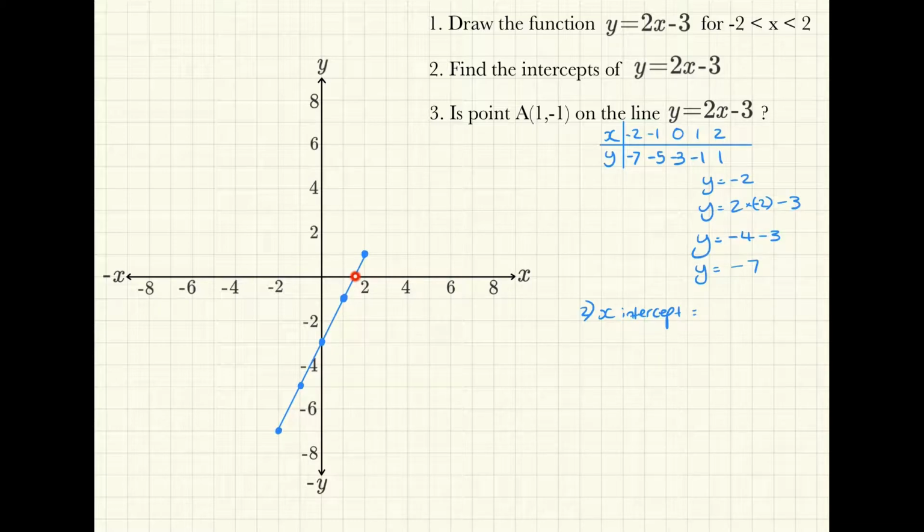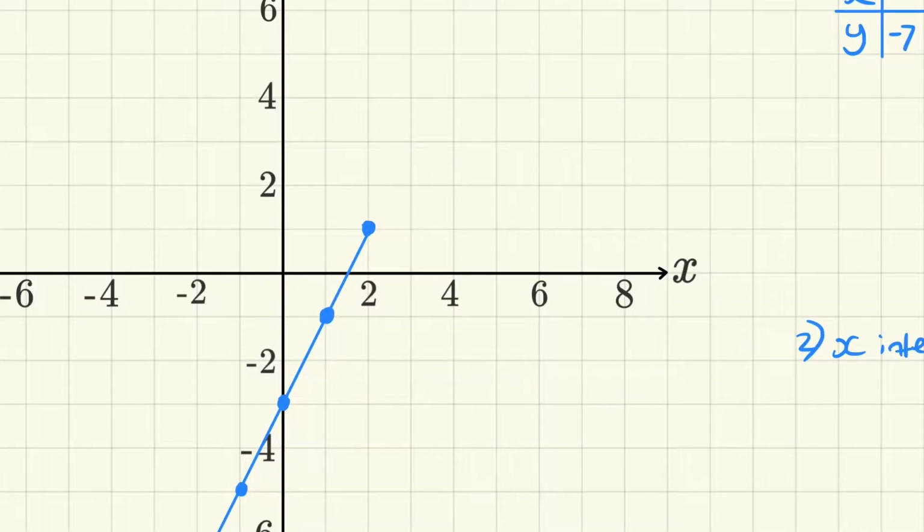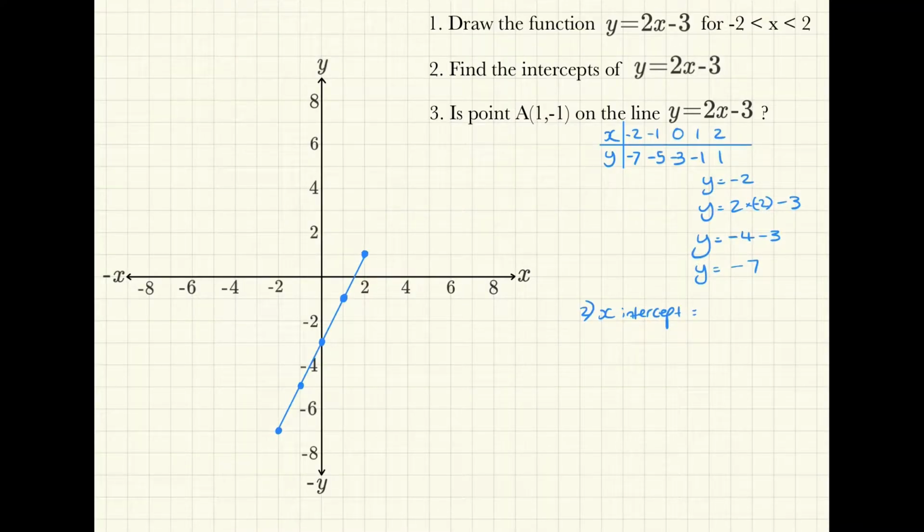Right there. Now, because I've got an accurate graph here, I can see that my x-intercept is at 1.5. So I'll go ahead and write 1.5, or you can write it as 3/2. All right, let's go ahead and write our y-intercept.